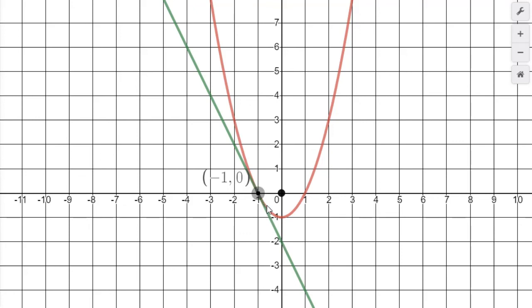It drops by 2 squares down and over by 1 square to the right, so we're looking at the slope being -2. Also, this green line graphically goes through the y-axis at -2. That's the reason why altogether it agrees with what our results show, that our final equation of the tangent line at x equals -1 was y equals -2x minus 2.